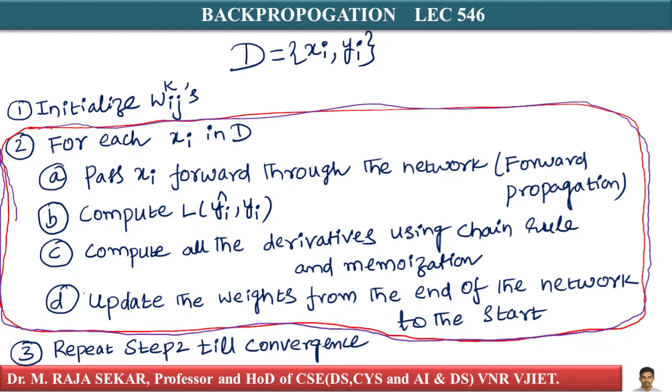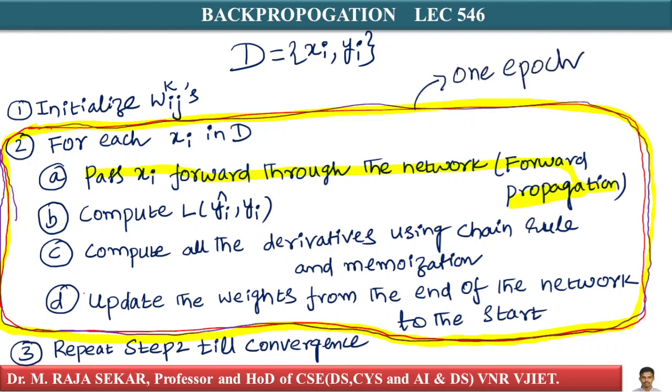In step 2, I have A, B, C, D. At the end of each of these, you finished one epoch, because you are passing each of the points xi in capital D, the training data set, forwarding it through this network, computing the loss, computing the derivatives, and updating the weights.